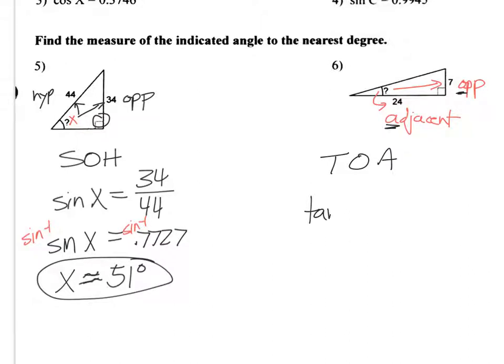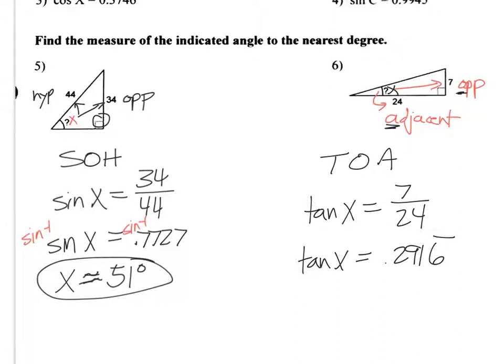So tangent of the angle, which I'm going to call x again, is opposite over adjacent. So again, I divide 7 by 24 and get a decimal. So I get tangent x is 0.2916 repeating. So then I do the inverse again. Inverse tangent.